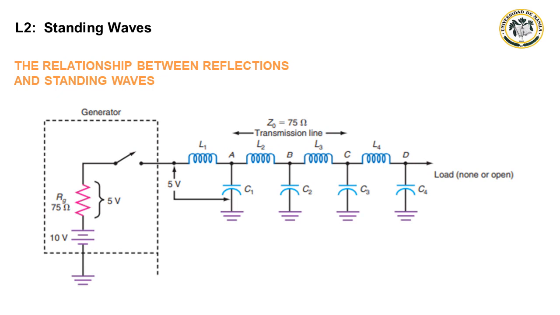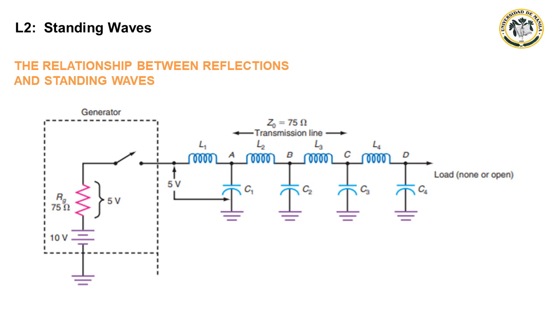The transmission line is open at the end rather than being terminated in the characteristic impedance of the line. An open transmission line will, of course, produce a reflection and standing waves. Note that the generator has an internal impedance of Rg, which is equal to the characteristic impedance of the transmission line.